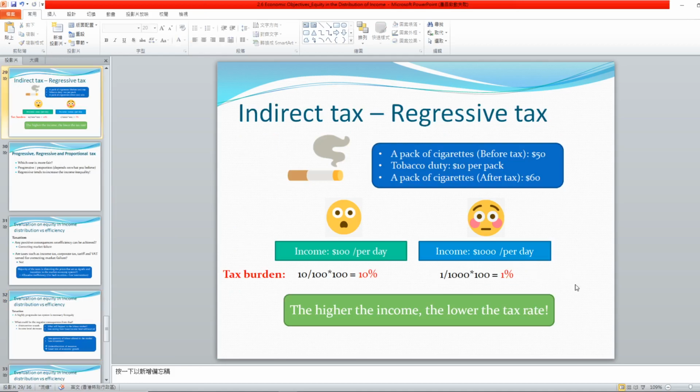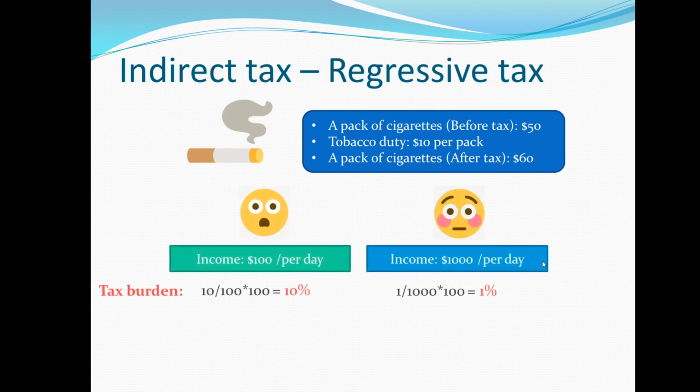It's 1,000. So it should be 1%. So at the end, you see, the richer you are, the lower the tax rate that you will be paying for indirect tax. And that's why taxes on goods and services are always regressive tax.